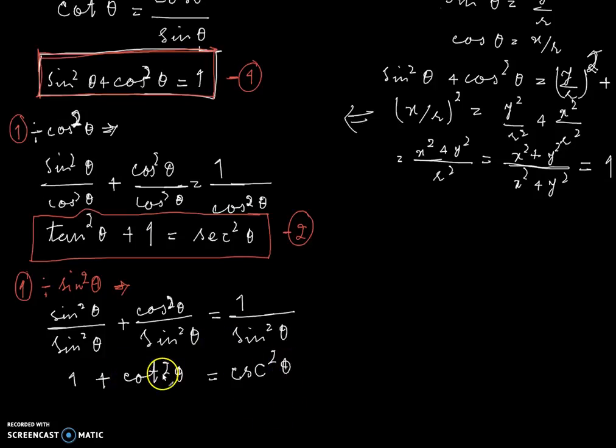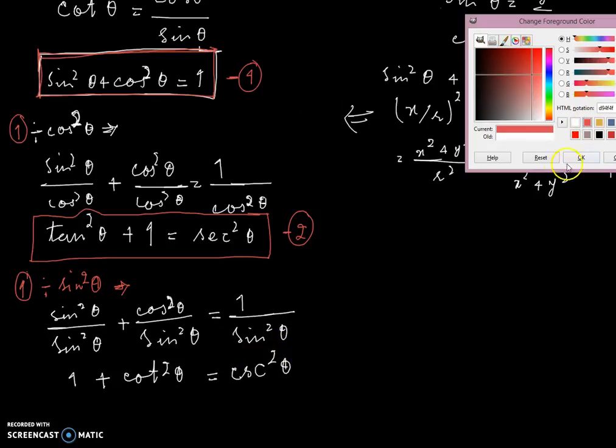So basically 1 plus cot squared theta is equal to cosecant squared theta, and I'll call this equation number 3.